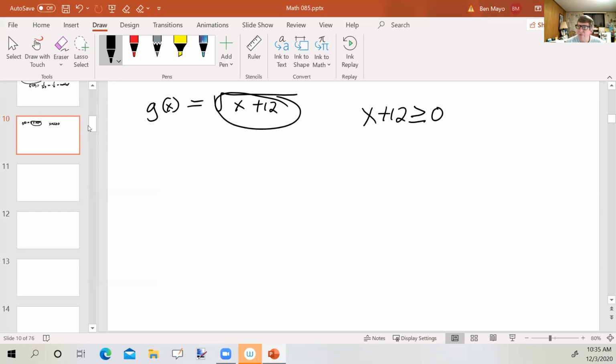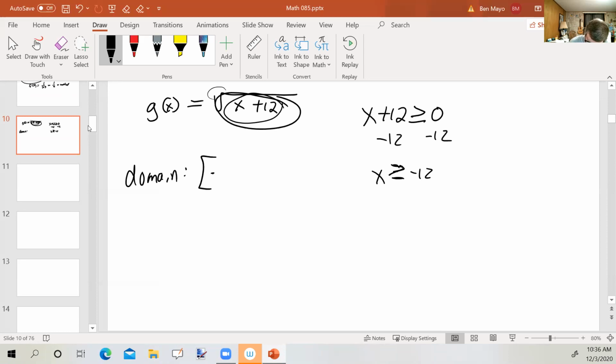So if we're looking for the domain of a radical function that has an even root, we take the radicand and set it greater than or equal to 0. Then, solving this inequality, we get x is greater than or equal to negative 12. Writing that in interval notation, we would start at negative 12 and go on forever to positive infinity. Any questions about that situation?